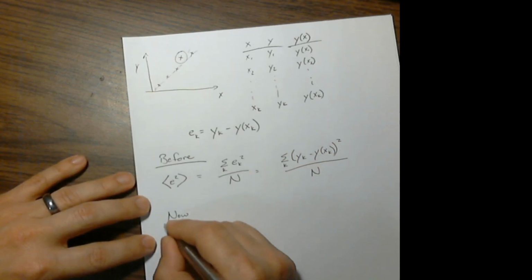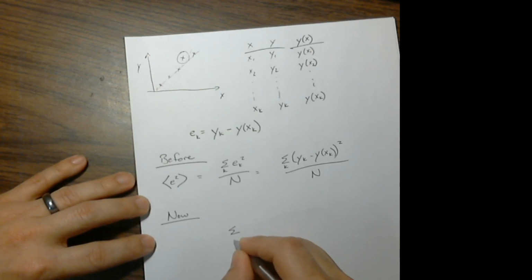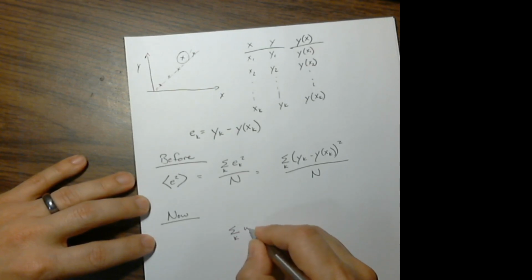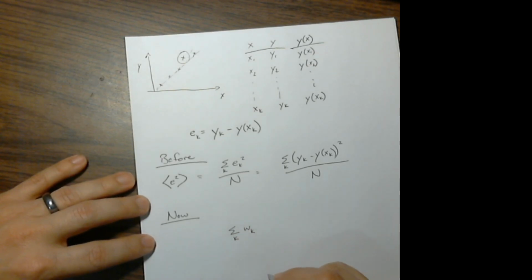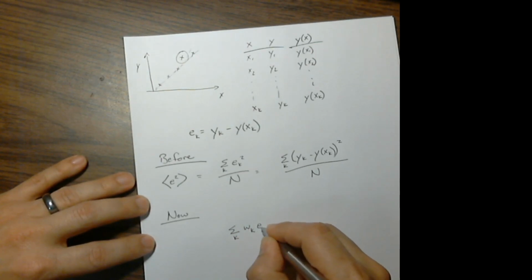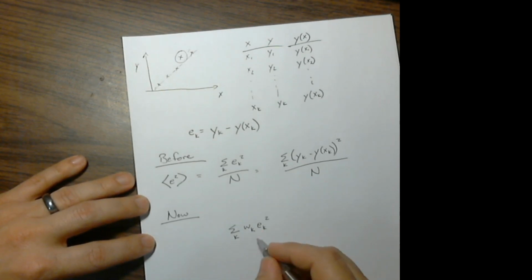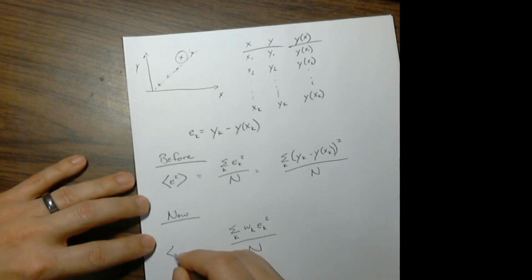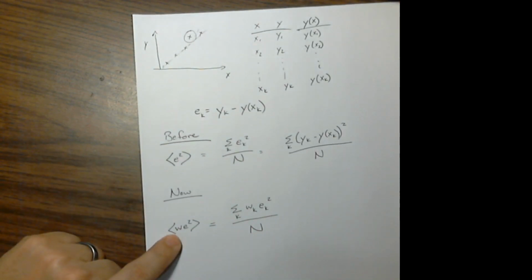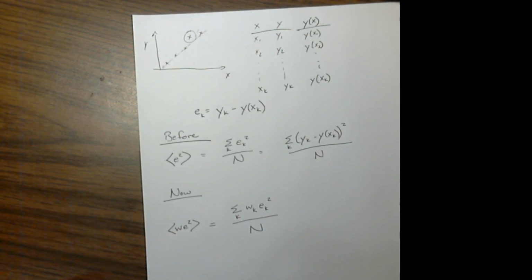To do that, we can use a weighting factor. This is not an omega, that's actually a W, w sub k, and then the rest of it is unchanged. So here we'll look at the expected value of the weighting factor times error squared.